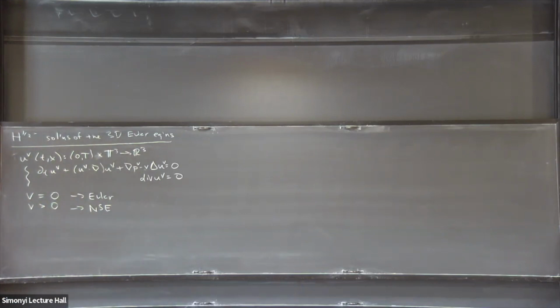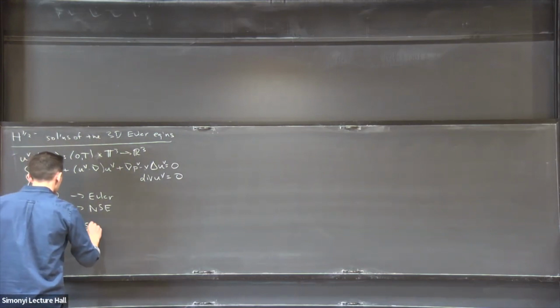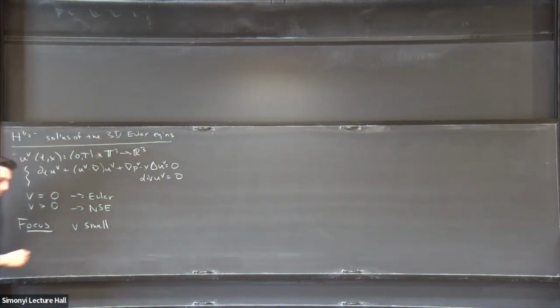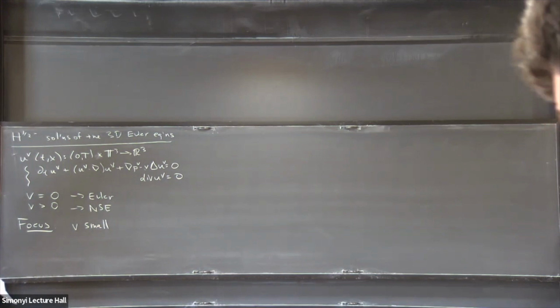And my focus for today, similarly to Hyunju's talk from a couple weeks ago, will be solutions of these equations for values of ν which are small. And it is at these values of ν that we see what could be described as turbulence.